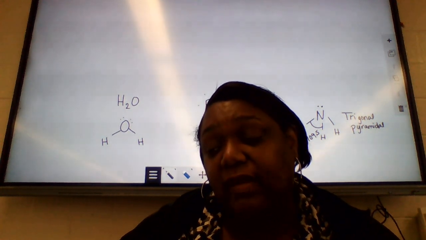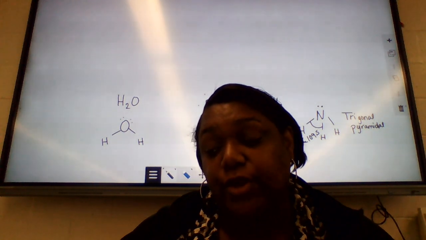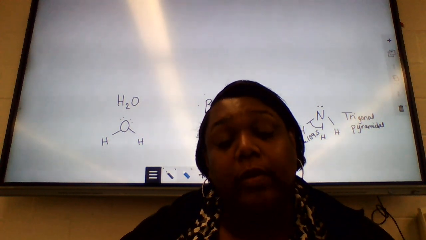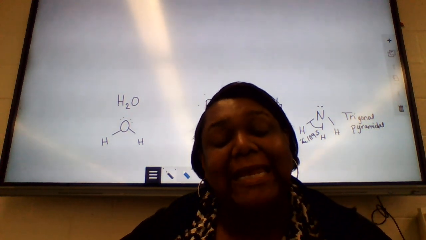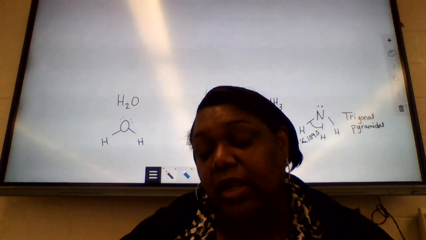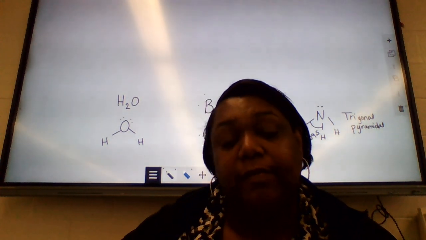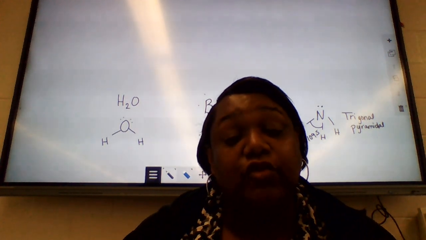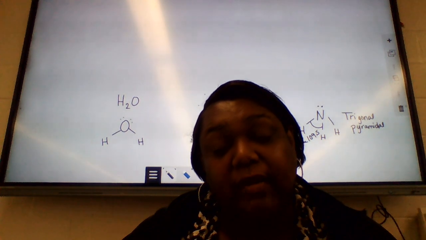Now, in section 19.3, that's where you start talking about electronegativity values. And that is important because we can tell what kind of bond we have by looking at the electronegativity difference. There's a nice table at the bottom of page 385 that gives you electronegativity values for the different elements on the periodic table.